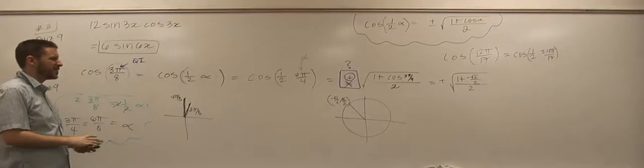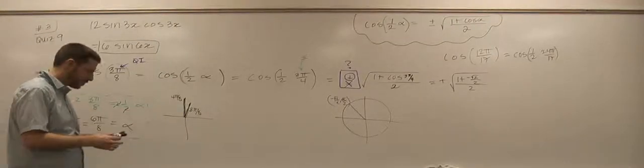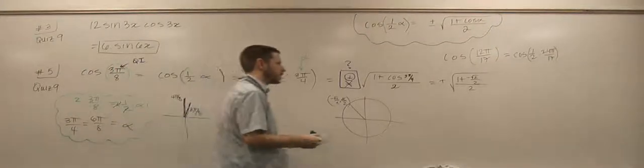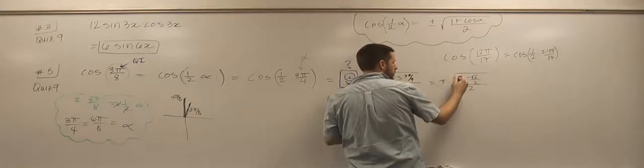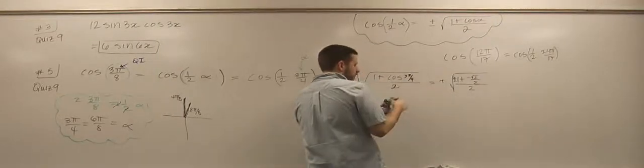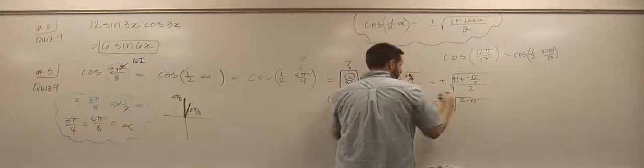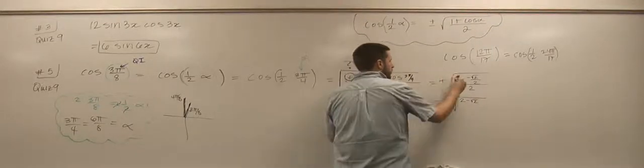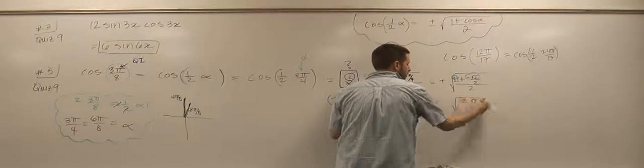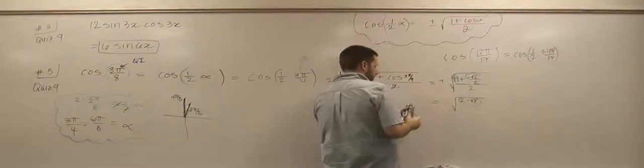And then you have to do some simplification here. So for example, this 1, I would change into 2 over 2. And then I would add my numerators here. This will become the square root of (2 minus root 2), all of that over the common denominator of 2.